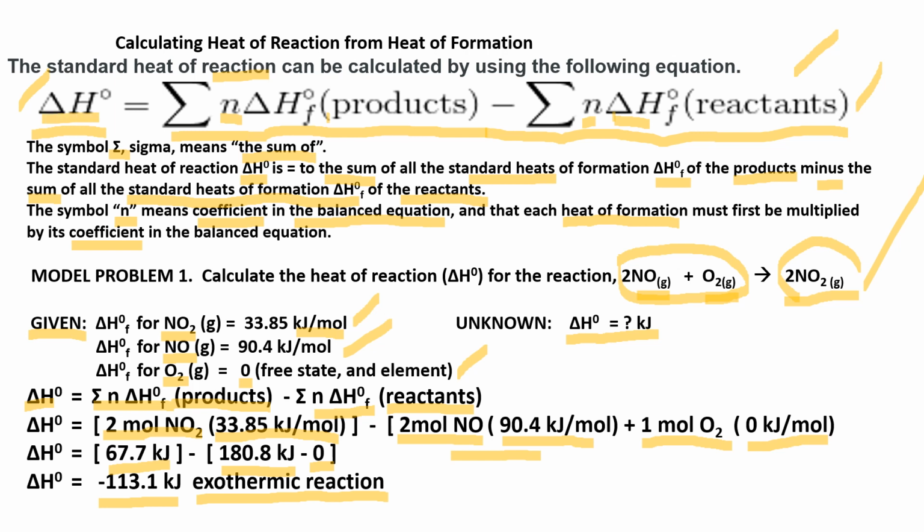The heat of reaction is equal to the sum of all the heats of formation of products of the reaction minus the total heat of formation of reactants. And in the problem, the equation is balanced, so the coefficients are given, and the heats of formation are also given. So all you need to do is to plug the given into the equation.